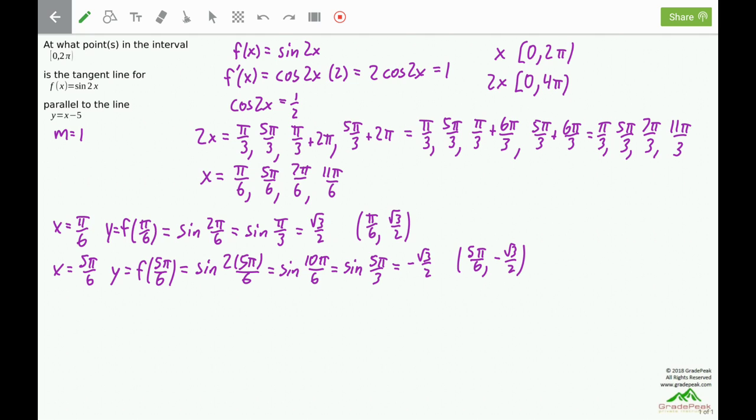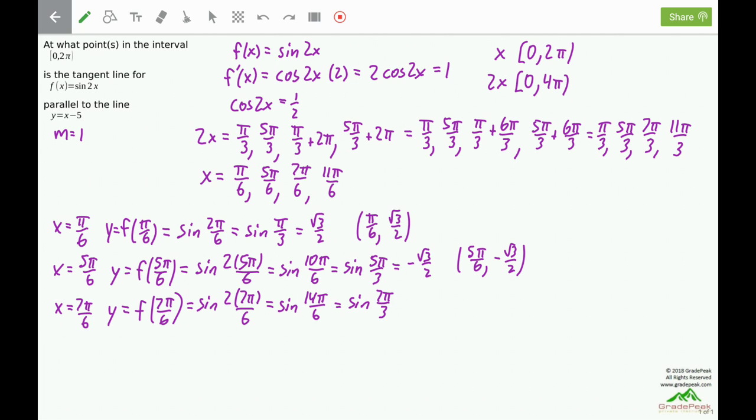The next one is x equals 7 pi over 6. My y-coordinate will be f of 7 pi over 6, which will be the sine of 2 times 7 pi over 6, which will equal the sine of 14 pi over 6, which can reduce to sine of 7 pi over 3.